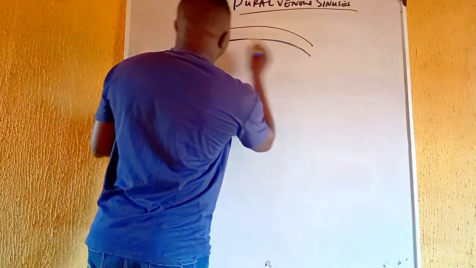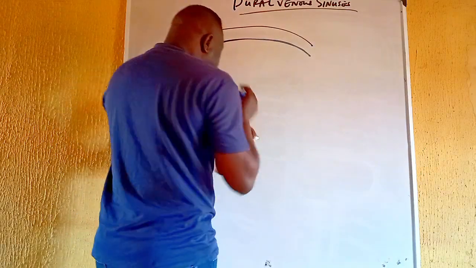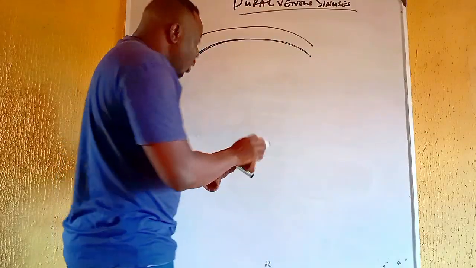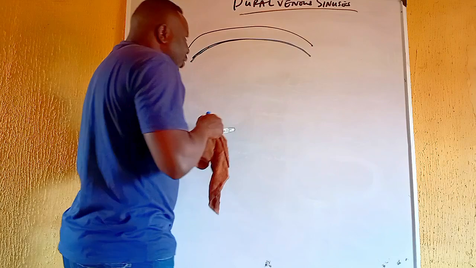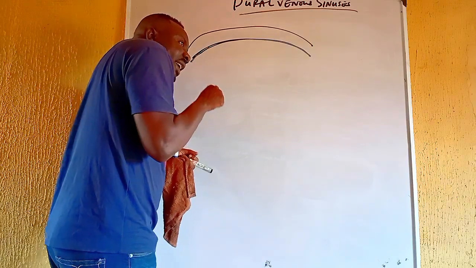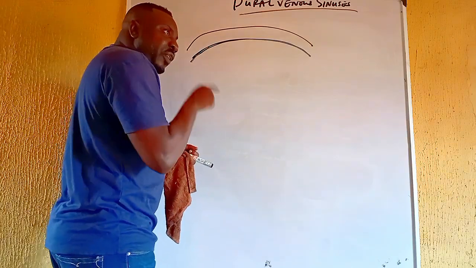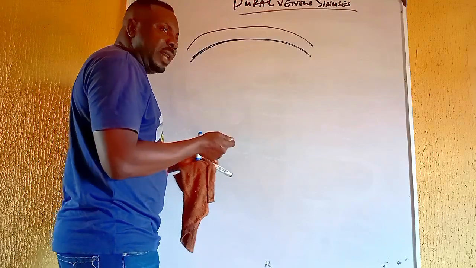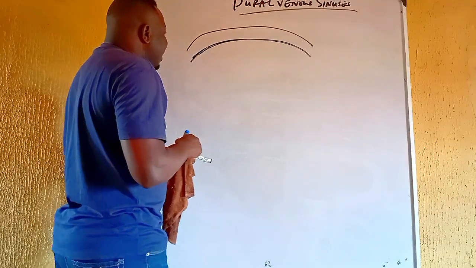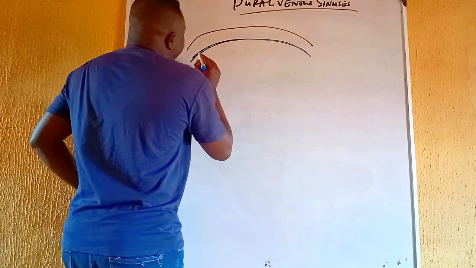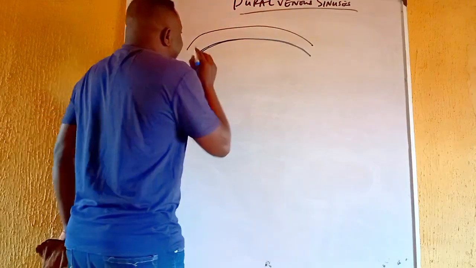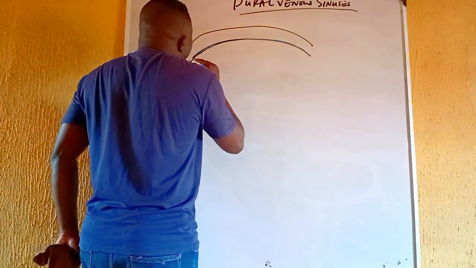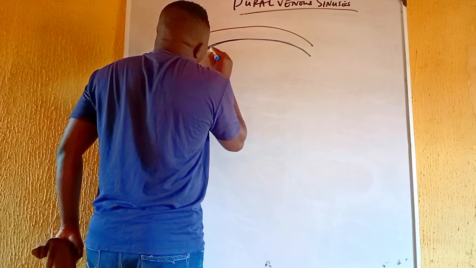But the dural mater has two layers. One of the layers is known as the endosteal layer, or what we refer to as the periosteal layer. I think I mentioned that in my last video. And then the second layer is referred to as the meningeal layer.